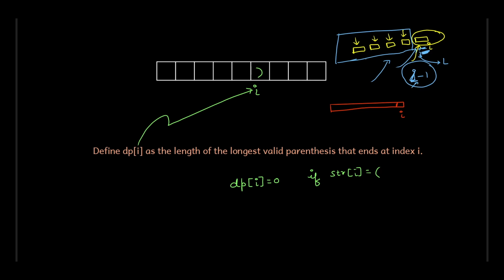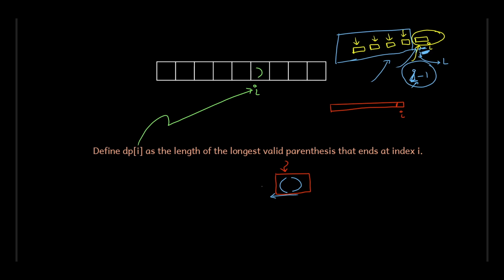So how do you figure out what is the last concatenation? To do that, you can notice that if the element at str of I is equal to a closing bracket, then you just have to traverse to the left, and if you find an opening bracket like so, then you can see that this is the last concatenation, because you have just found out the last parenthesis that was appended.